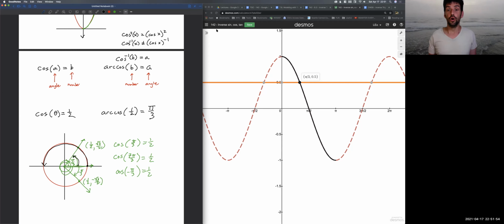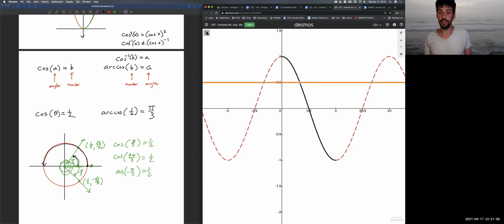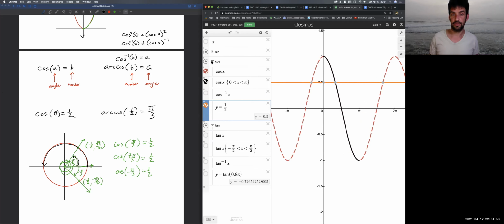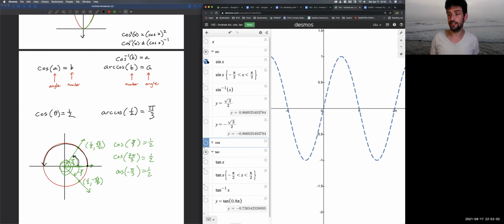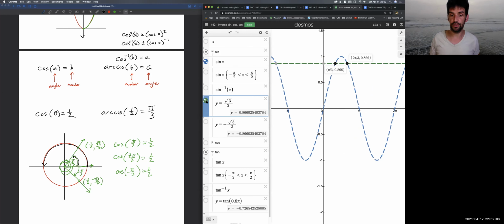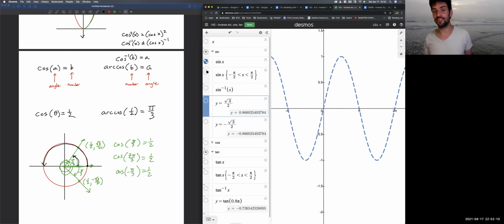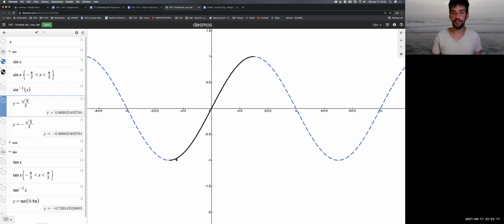We do a similar thing with sine and tangent. So let's look at sine. Notice we would have the same problem if I had some value I was looking for. We have all these intersection points. So we're only going to look at one section of sine. The section we choose to look at is between negative pi/2 and pi/2. It's a different section than cosine.